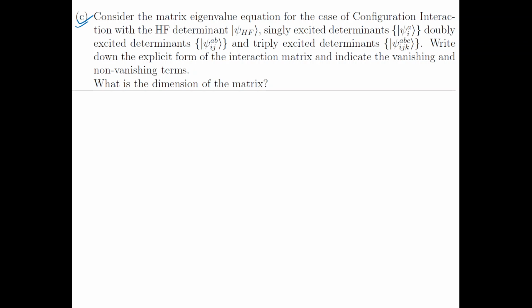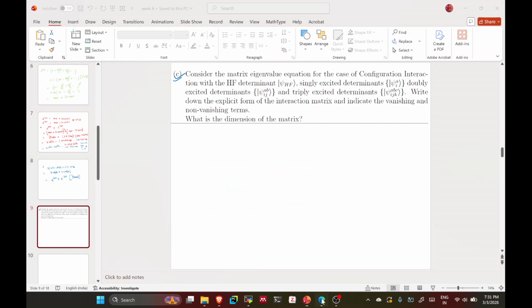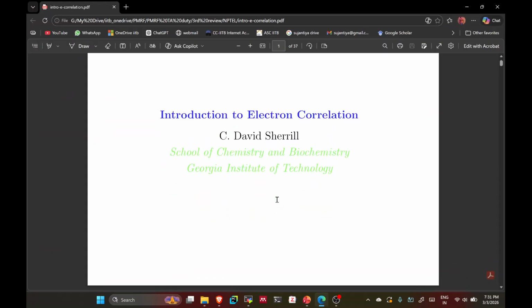I think you have already heard about Brillouin's theorem, and if not, you will learn about it this week. It will come in handy there, and then we'll calculate the dimension of the matrix, which is the easier part. So we'll discuss this problem later.